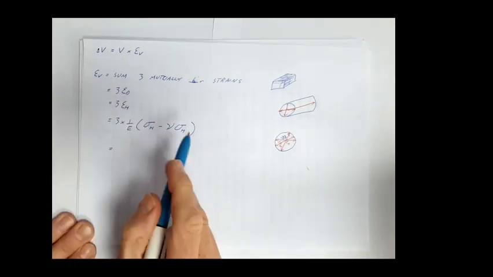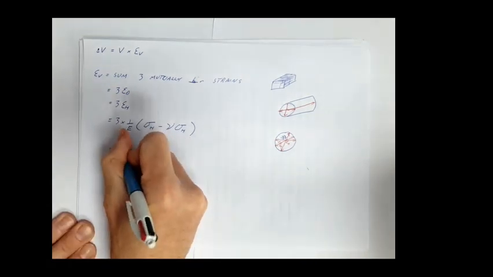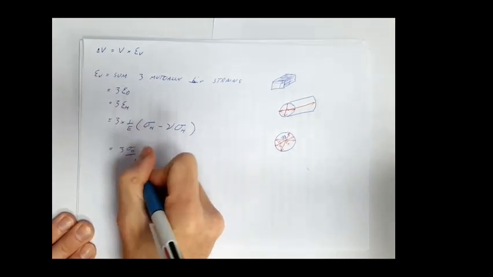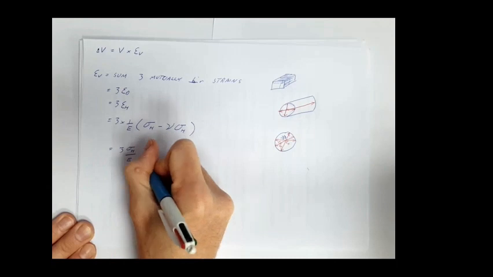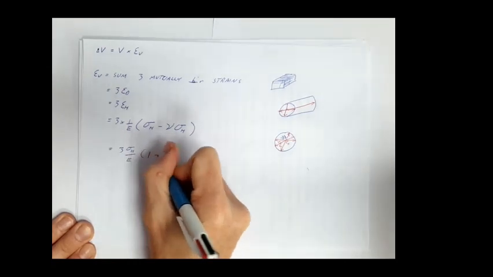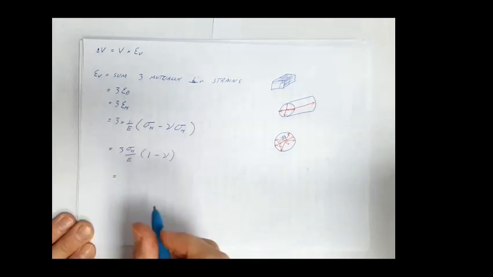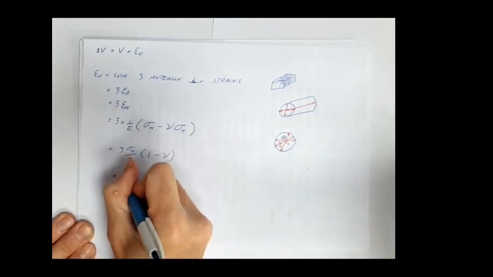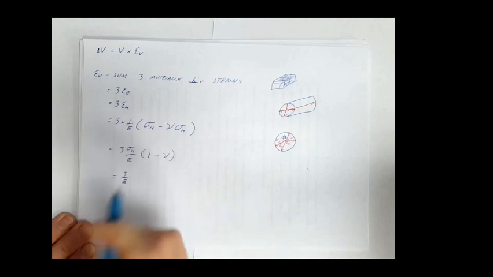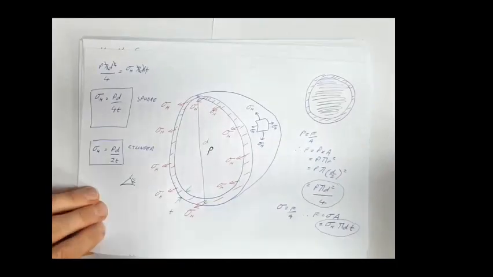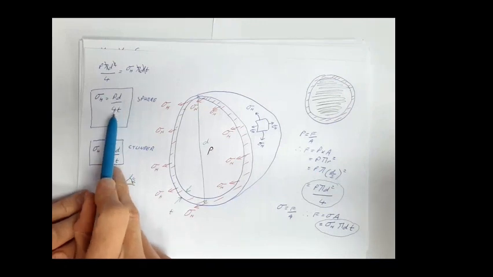Okay, clearly we can factorize that. So that's 3 sigma h over E, lots of 1 minus Poisson's ratio. My hoop stress we've just calculated, so 3 over E. My hoop stress, remember in our previous slide, is PD over 4T.